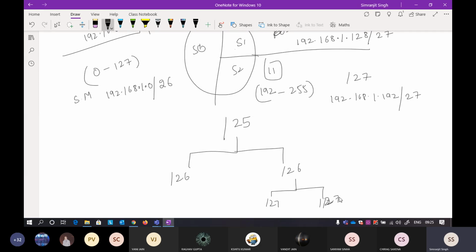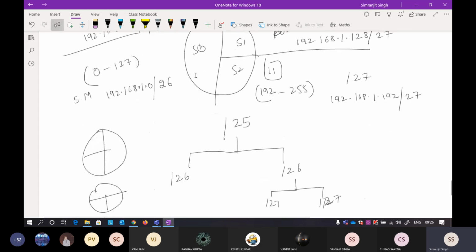Because I have reserved one more bit here, the mask has changed. If you want to find it, you can do the subnetting like this or like this, and you will get the same thing. Whatever you want.